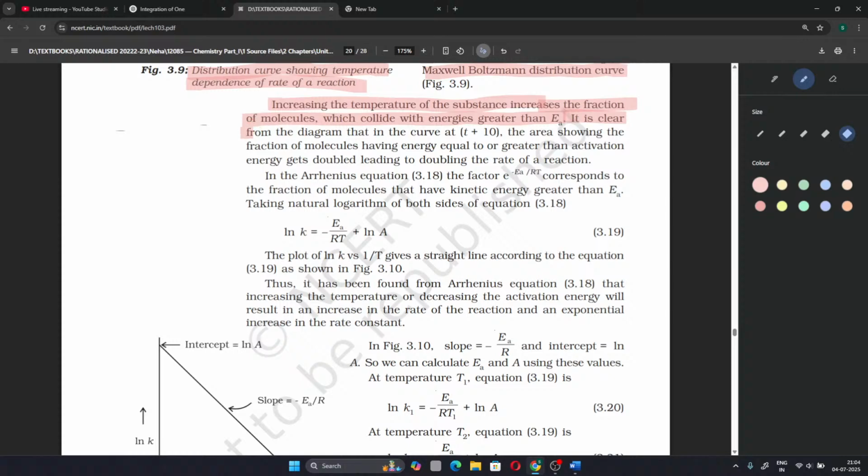It is clear from the diagram that for curve A at T plus 10, the area showing the fraction of molecules with energy equal to or greater than the activation energy gets doubled, leading to the doubling of the rate of the reaction. In the Arrhenius equation, the factor e to the power minus EA by RT corresponds to the fraction of molecules that have kinetic energy greater than EA.